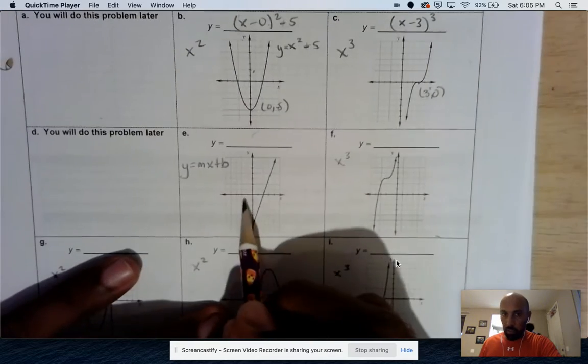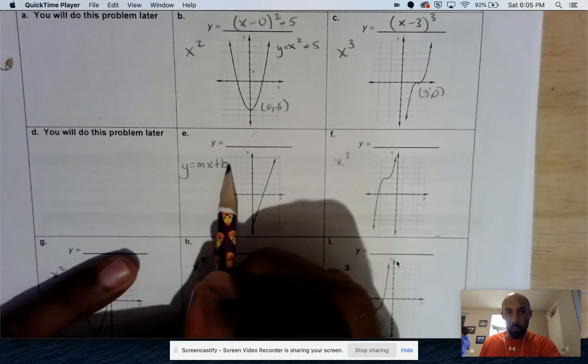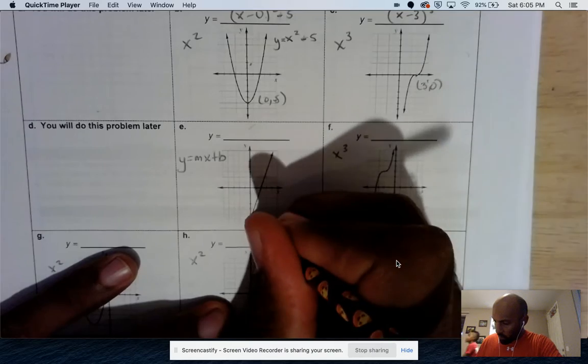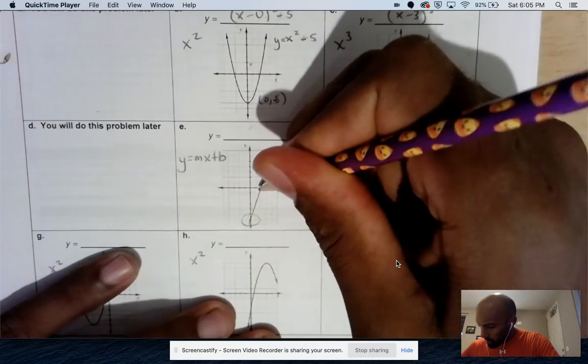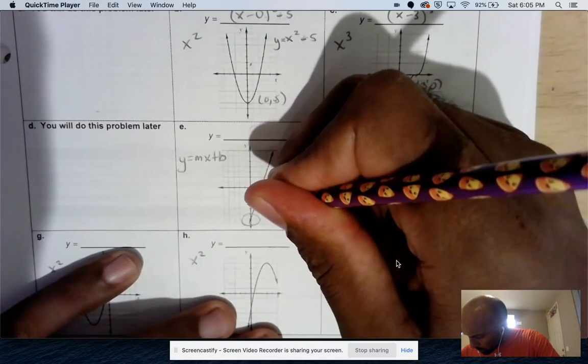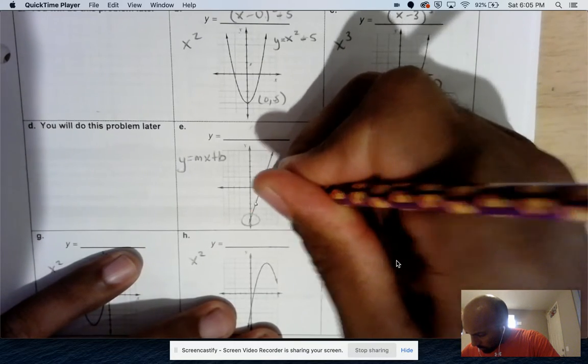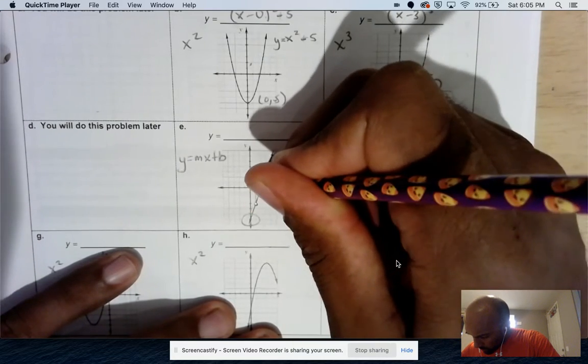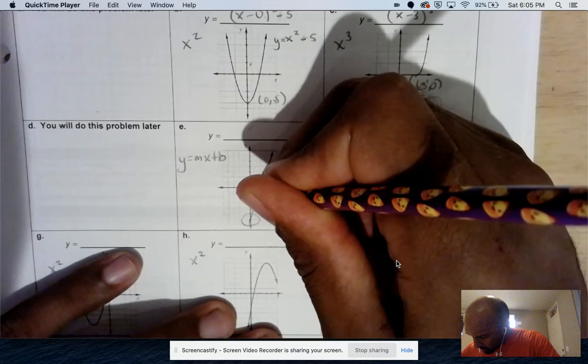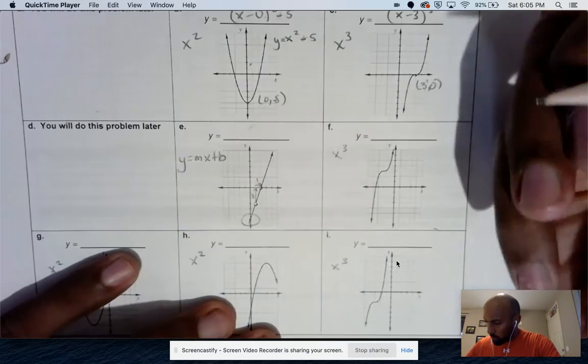Okay, so now here we've got a straight line, so that means we need to figure out the slope and the y-intercept. Well, there's your y-intercept, and then you are going to need to figure out the slope. I'll give you a hint: take 2 points and figure out the rise, how far up, over the run. So the rise is 3, the run is 1.